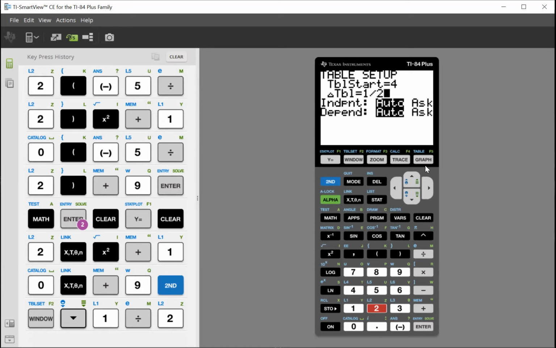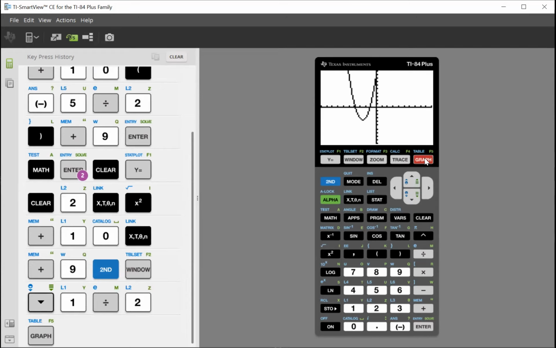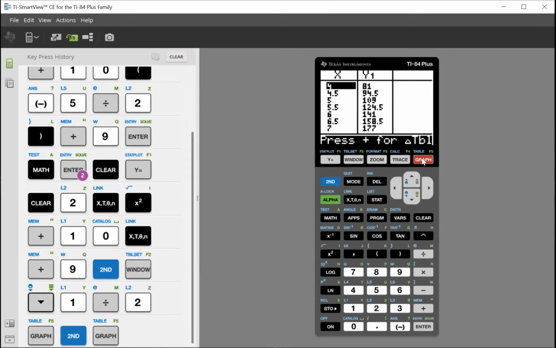Now let's look at the graph by hitting graph. You see it's over on that left side where we were graphing a while ago. So now watch this. Hit second graph and go to the table. Now look, all these positive numbers are getting bigger, right? So I'm going to have to arrow the other way, and I'm looking for the smallest y value here, okay? So let's keep going. There's 3.